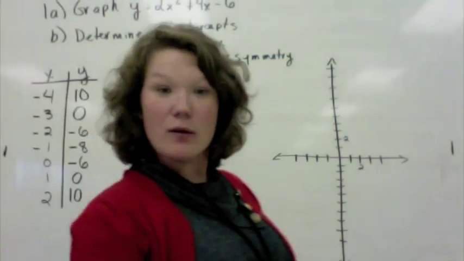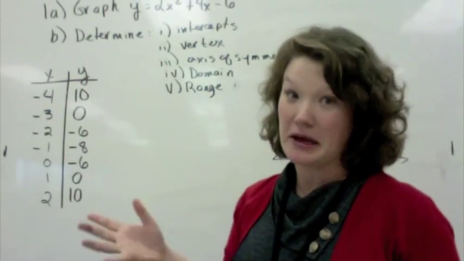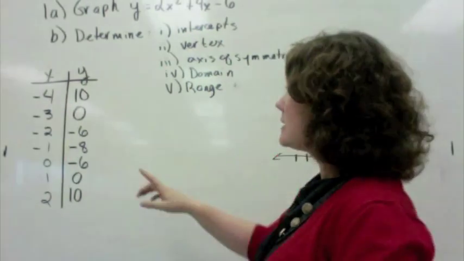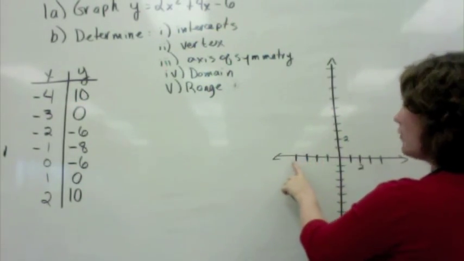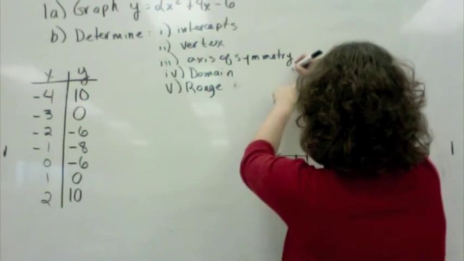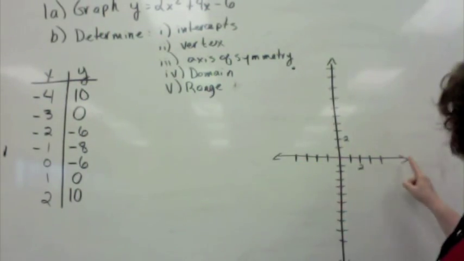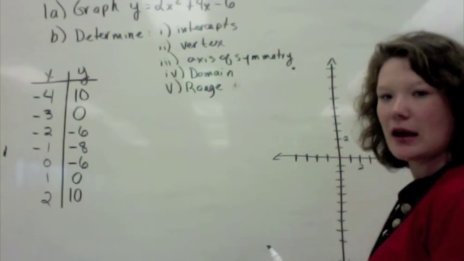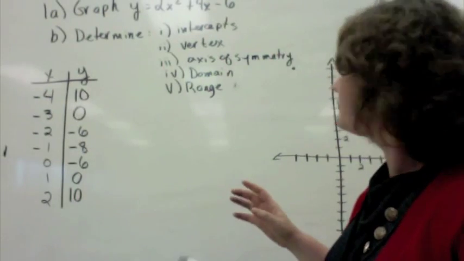Alright, so now I'm going to plot this. Pretend that these are coordinate points, which they are. Don't need to pretend. So at -4, 10. Please note my graph is beautiful. Why is it beautiful? I have my arrows, okay? I also have my scale. It's great.